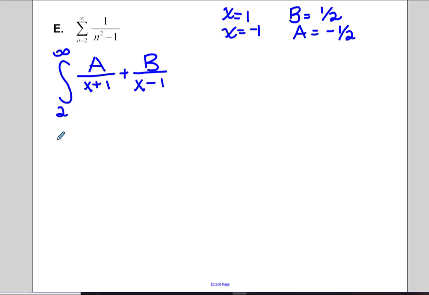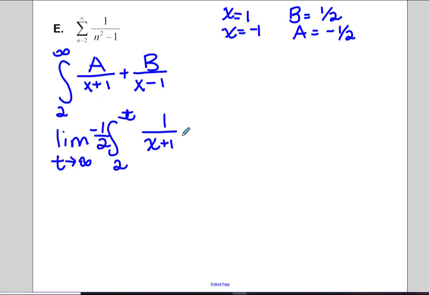So what I want to do is rewrite this as the limit as t approaches infinity for the antiderivative from 2 to t. And I'm going to pull that negative 1/2 out in front and rewrite my integral to be 1 over x plus 1 minus 1 over x minus 1 dx.